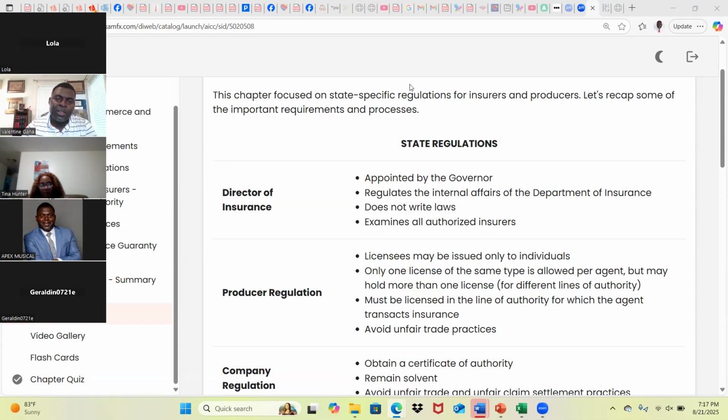An insurer that does business in another state, but is incorporated in another, for example, if an insurer does business in the state of Washington and is incorporated in the state of Delaware or in the state of Maryland or in the state of Pennsylvania, that is called a foreign insurer.